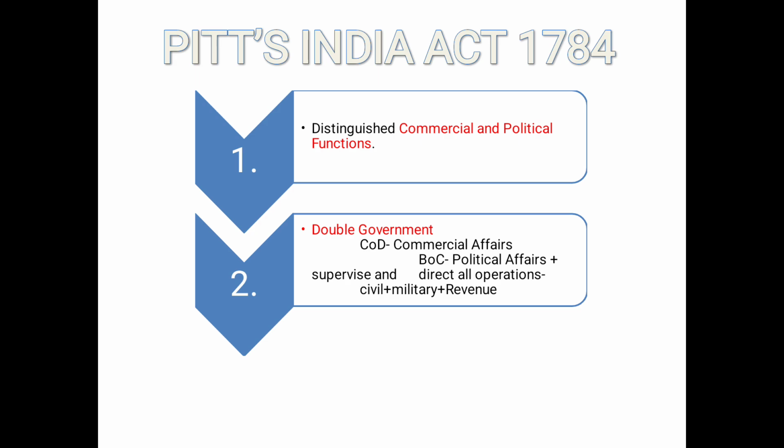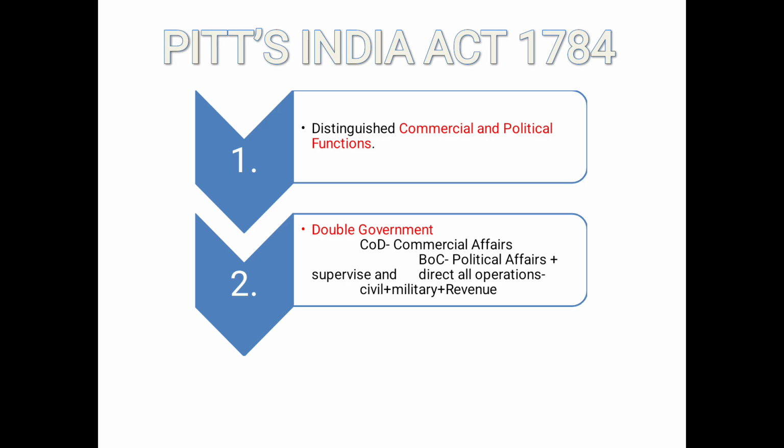Here I have written BOC, that is Board of Control, which will manage all the political affairs and supervise and direct all operations like civil, military and revenue. Whereas the commercial part was under the guidance of the COD, that is the Court of Directors. They will manage the commercial affairs.